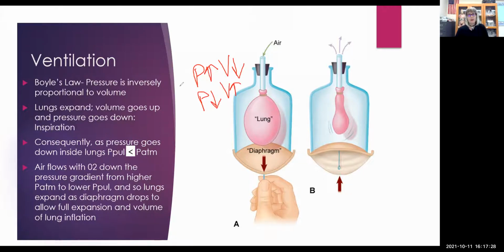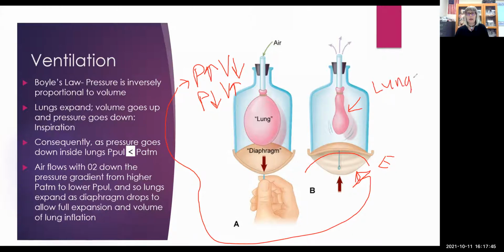So let me ask you, when pressure goes up, volume goes down, what process is that? That process is right here, expiration. When the diaphragm goes back to its original dome shape and the lung recoils back to its original shape.